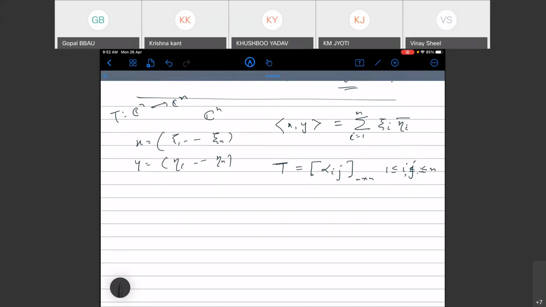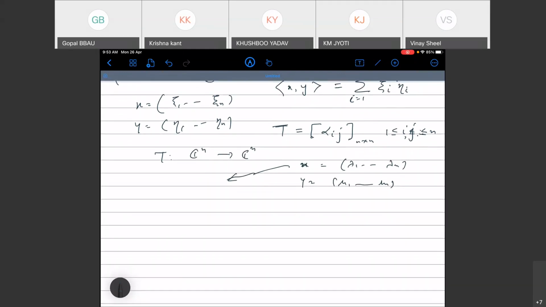Now T is from Cn to Cn. Take x in Cn, x equal to say lambda 1, lambda 2, lambda n, and say y equal to mu1, mu2, mu n. So this x can be represented in terms of basis.